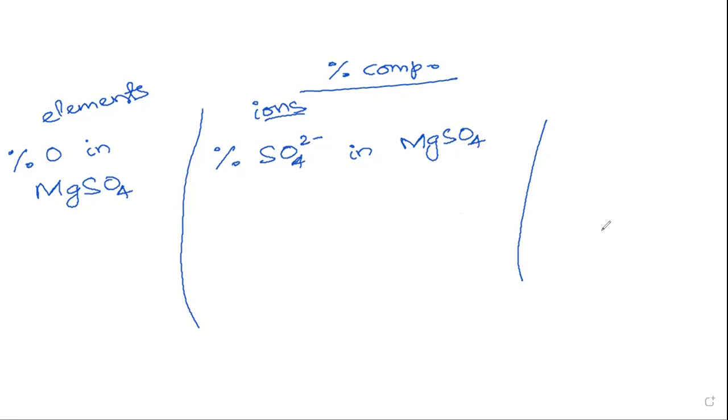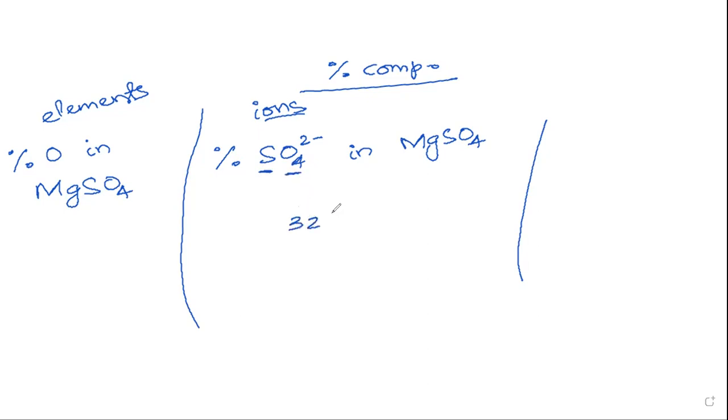Go ahead. What's your answer? Let me calculate it. Remember, in this case, as we're going with an ion, only magnesium is left out of the whole thing. Wait, can you repeat that again, please? For the ions, this only includes sulfur and oxygen.